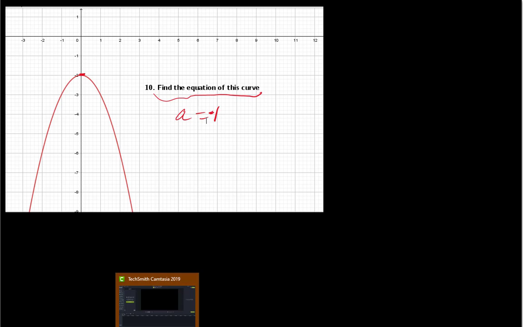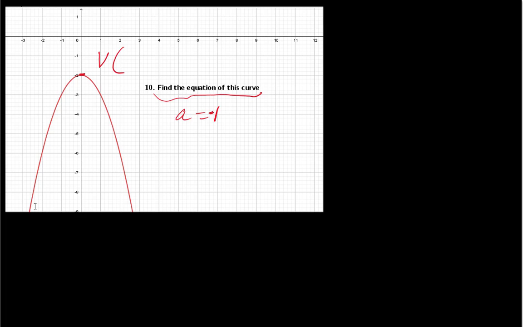So we don't have to worry about a. So let's look at the other stuff. The vertex is at x is 0, and y is negative 2. So all we have to do is, we can say the function is negative 1, so minus x minus 0 squared, minus 2.